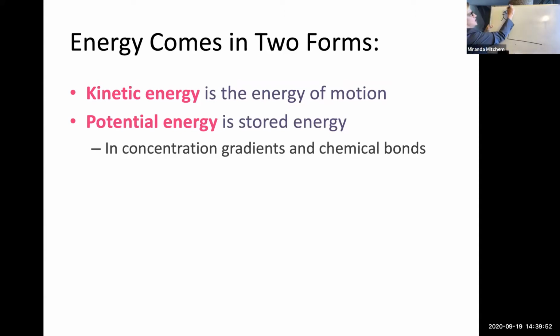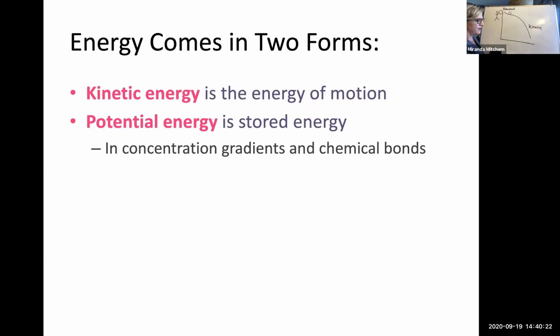So this is all about potential energy. The ball is not doing anything if the person's standing there holding it. But if the person drops the ball and it rolls down the hill, then the potential energy converts to kinetic energy, which is movement.